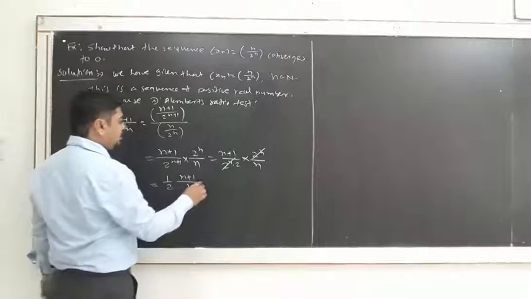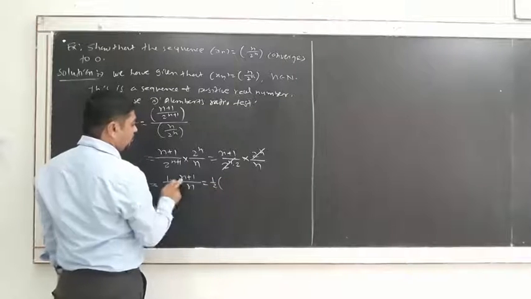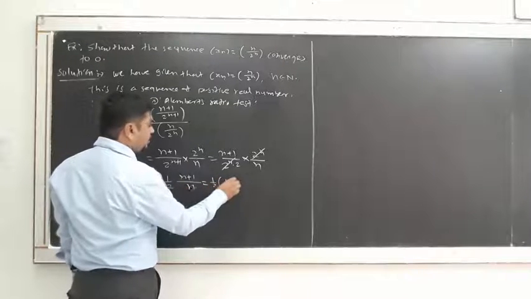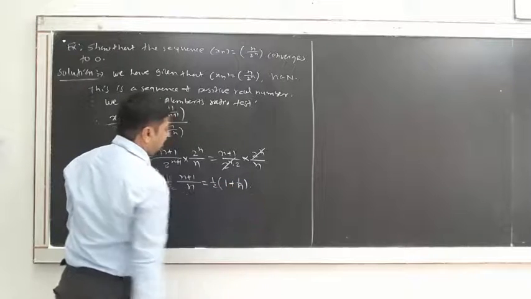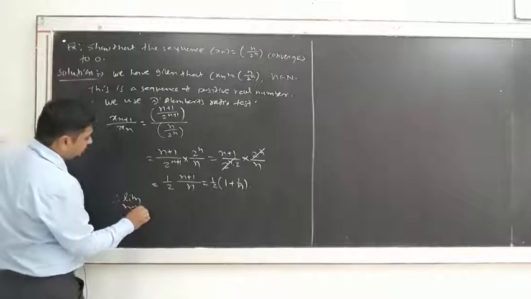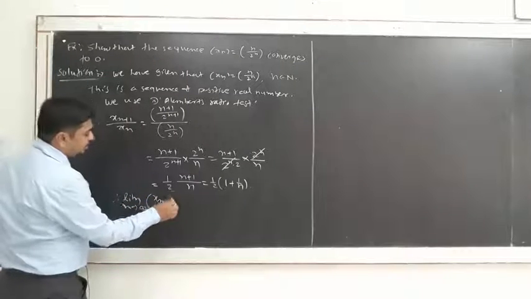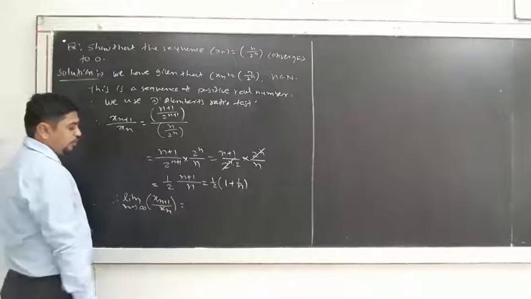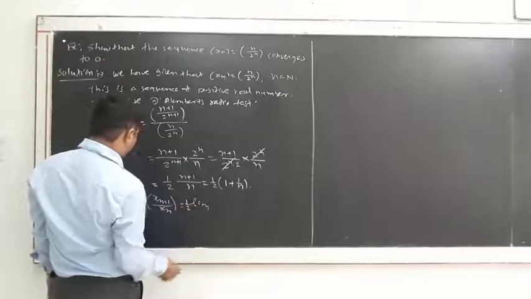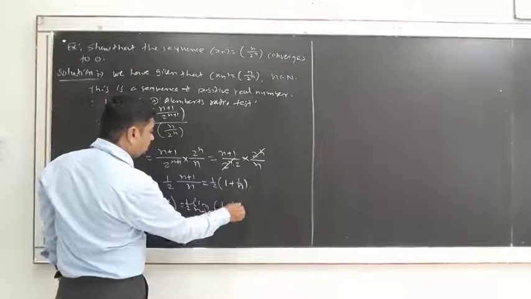This can be written as 1 by 2 into, giving the denominator to both terms, n upon n is 1 plus 1 upon n. Now try to find the limit. The limit as n tends to infinity of x_{n+1} upon x_n is equal to, this half is constant, the limit as n tends to infinity of 1 plus 1 upon n.